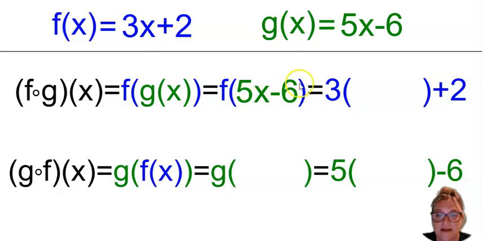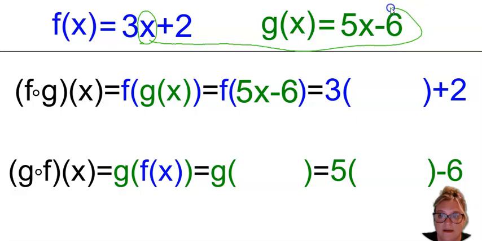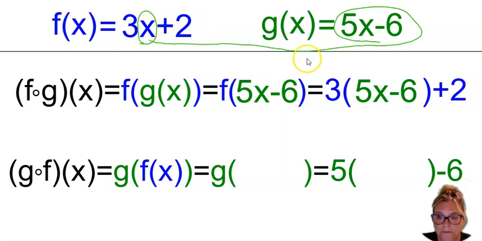So I'm taking this g of x and I'm putting it in for this x in 3x plus 2. This is what's going to be substituted with 5x minus 6. So we're taking this 5x minus 6, we're putting it in here for the x. So we have 3 times the quantity 5x minus 6, plus 2.